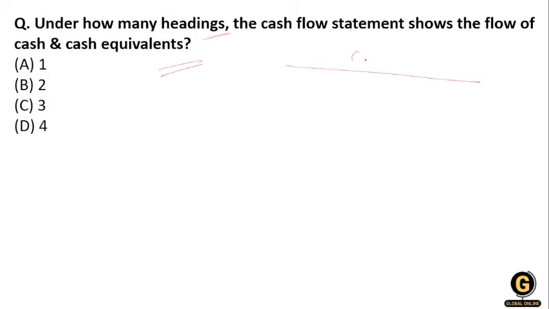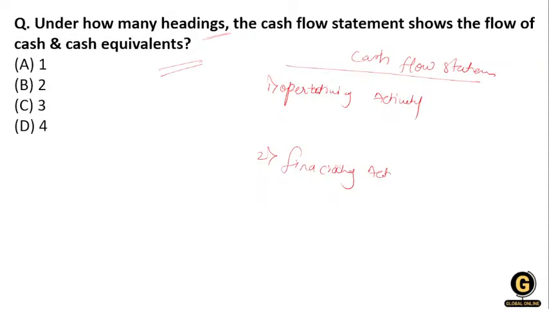When we prepare the cash flow statement, we have the heading of operating activity, then the heading of financing activity, and also the investing activity.